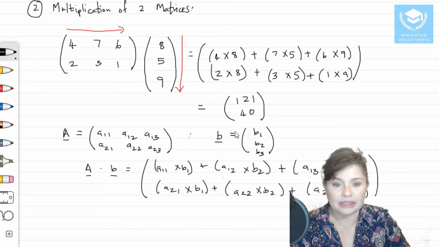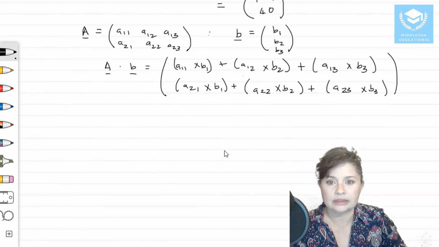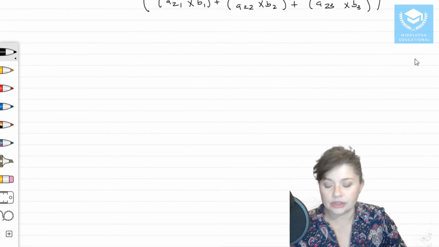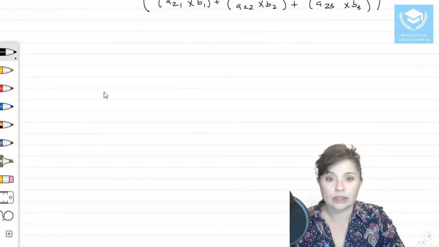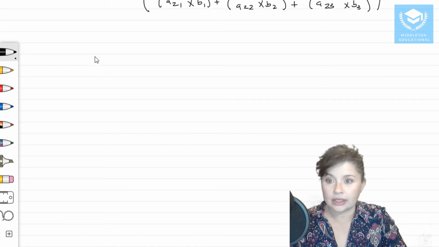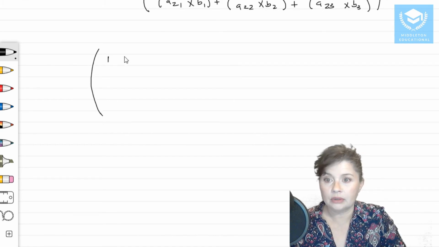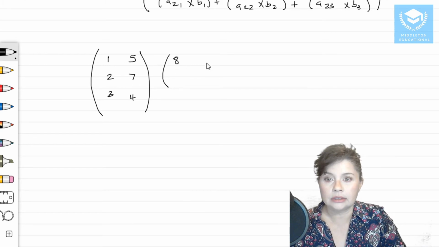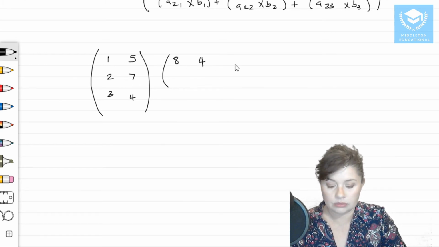Now let's look at a bigger matrix. This one becomes more complicated. Say I have a matrix 1, 5, 2, 7, 3, 4 times 8, 4, 3, 2, 5.